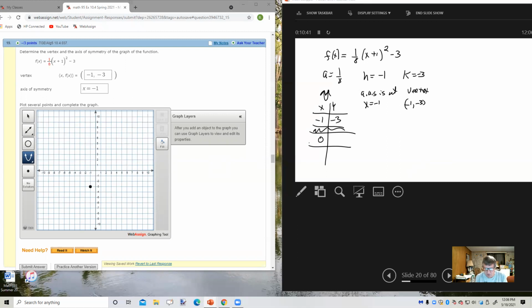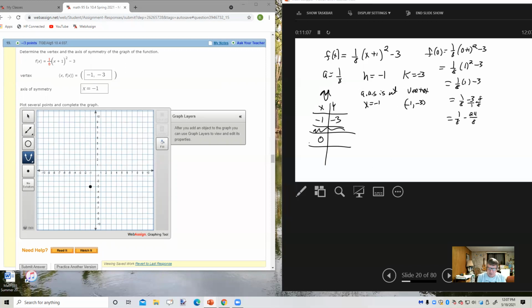You want to pick values close to the vertex. So f of 0 is 1/8 times the quantity 0 plus 1 squared minus 3, which is 1/8 times 1 squared minus 3, which is 1/8 times 1 minus 3, which is 1/8 minus 3, which is 1/8 minus 24/8.